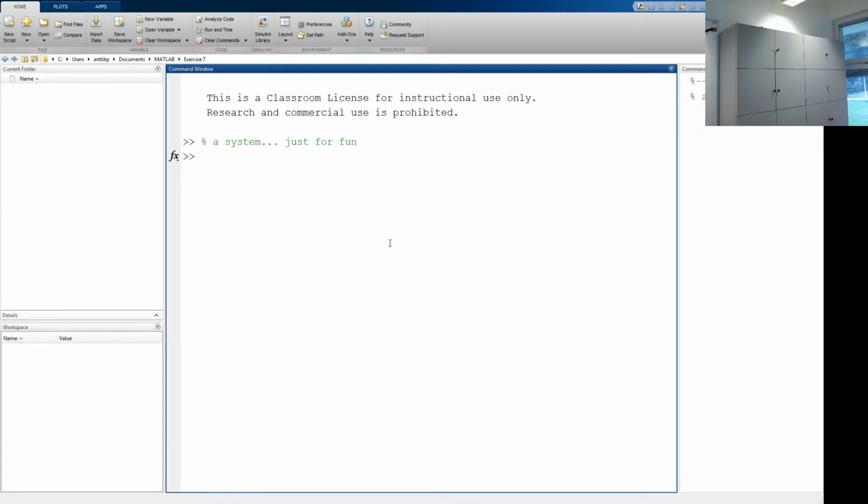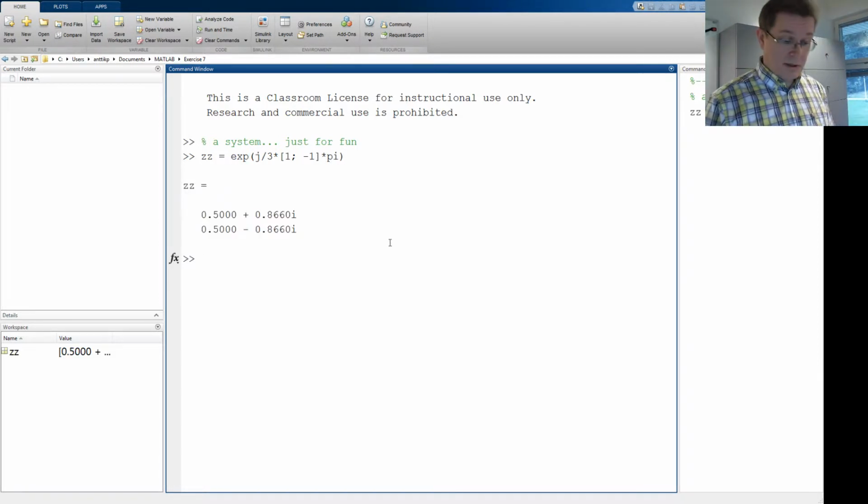So I will start with the zero pole plane, just zeros and poles, and so zero locations. j divided by 3 times 1 minus 1, right, times pi. Right, let's see, just for fun. Did I get them even close?